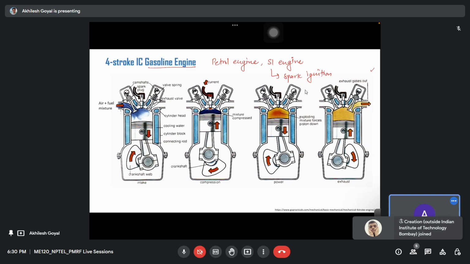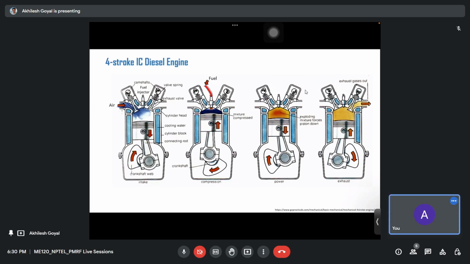Okay, so here you can see, for the CI engine there is a fuel injector here, not a spark plug, and at the end of compression stroke fuel is injected through this fuel injector, and in the case of spark ignition engine, a spark is generated at the end of compression stroke.